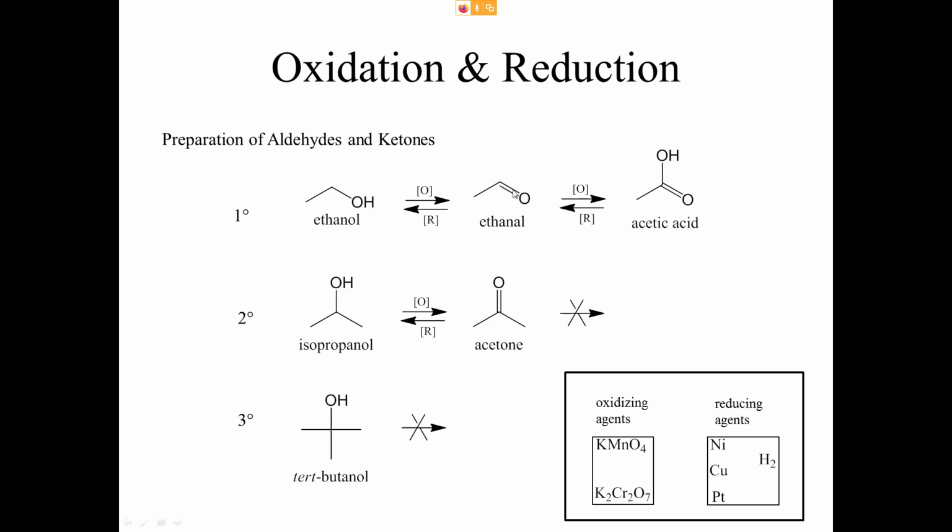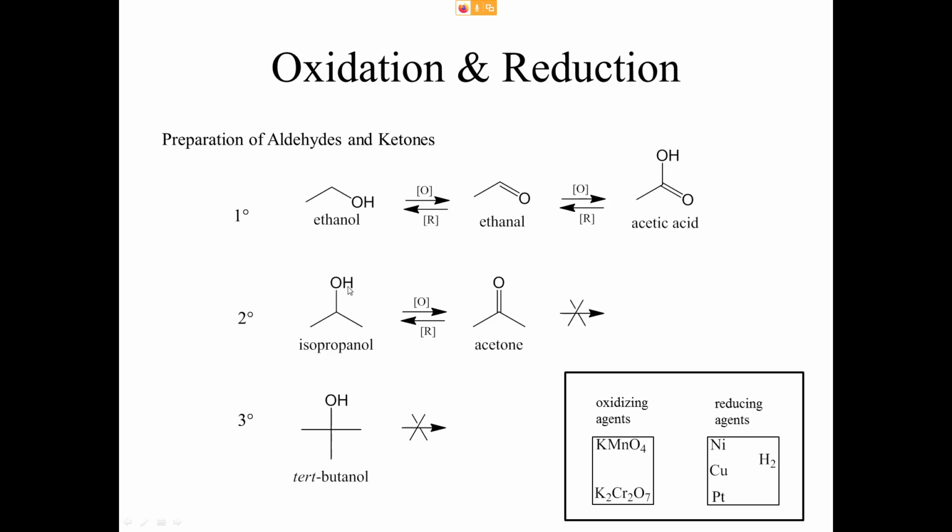Right? And if we move on to a second oxidation, which aldehydes can do, we get three bonds to oxygen. Right? We'll talk about this molecule later. It's a carboxylic acid.